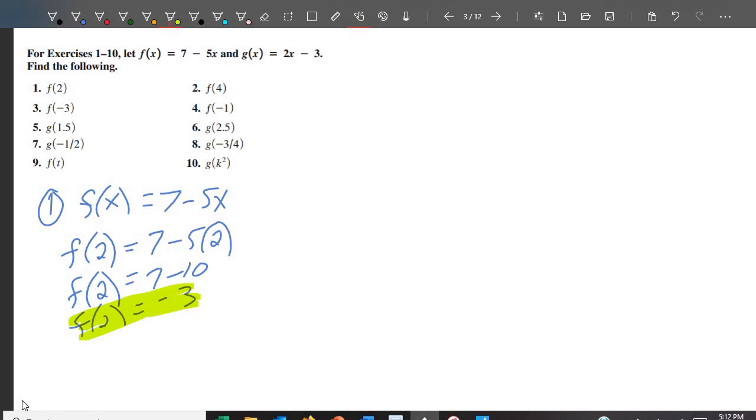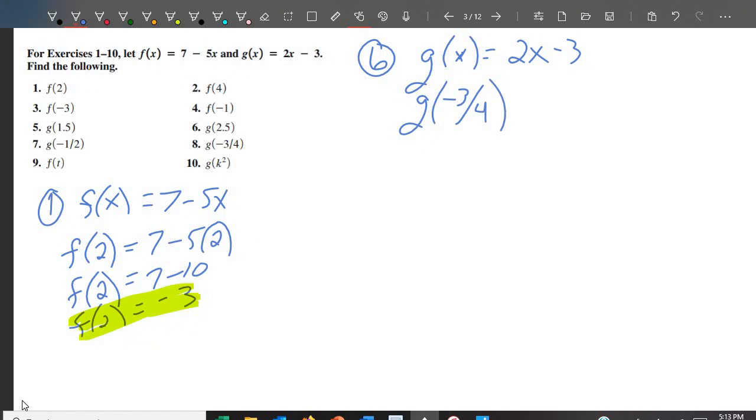Let's do one involving g. We'll do number 6. Why not? All right, number 6. We're using function g equals 2x minus 3, and we want to find the function value for negative 3/4.